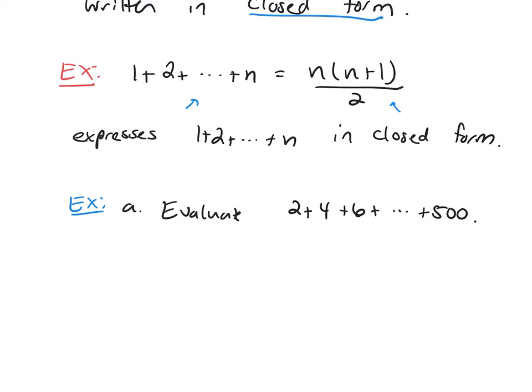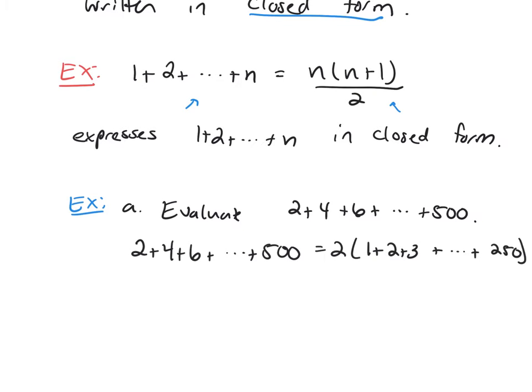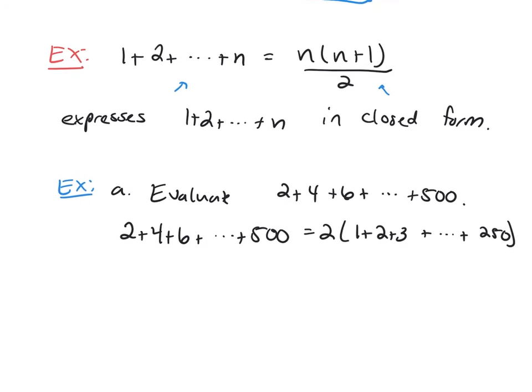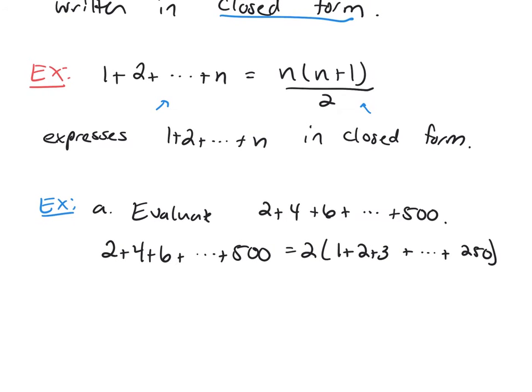So I notice these are all even. What I can do is factor a 2 out of all of them, and then they become consecutive integers from 1 to 250. So I can use my closed form formula up there, where n is 250.